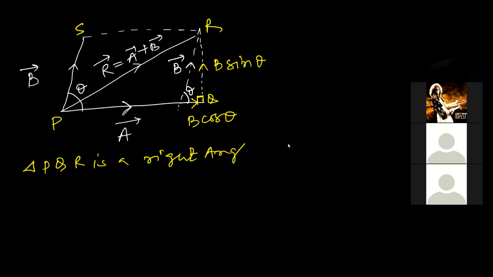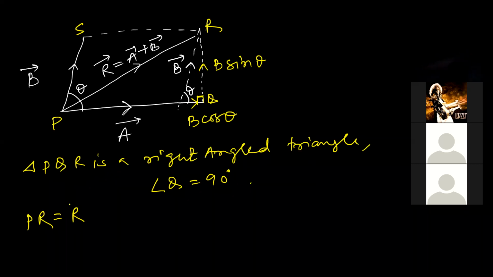It is a right angled triangle where angle Q is equal to 90 degrees. So I'm going to apply the Pythagoras theorem. Here PR is the hypotenuse. It has the value R, because we are considering the magnitude of a resultant vector, and it can be considered as R.